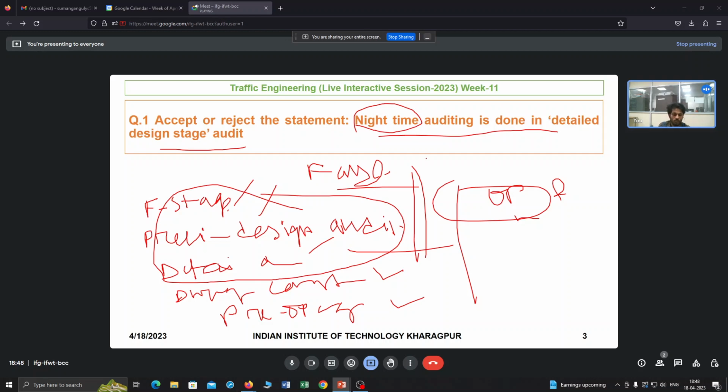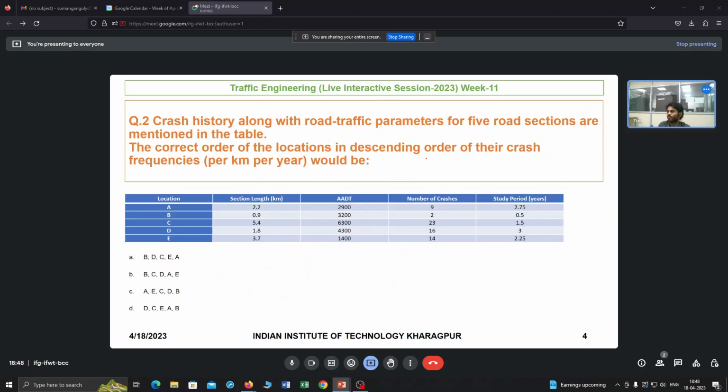So we are moving to the next one. It is a numerical one. It is saying crash history along the road and traffic parameters for 5 road sections. So you have 5 road sections, section length is given, annual average daily traffic is given, number of crashes is given, study period is also given, right? It is not uniform. Whatever data we have, from the data we are getting this.